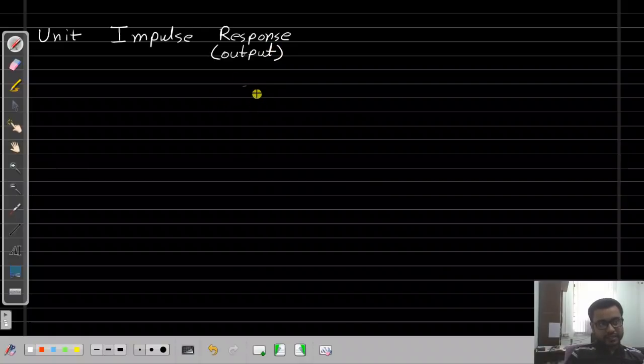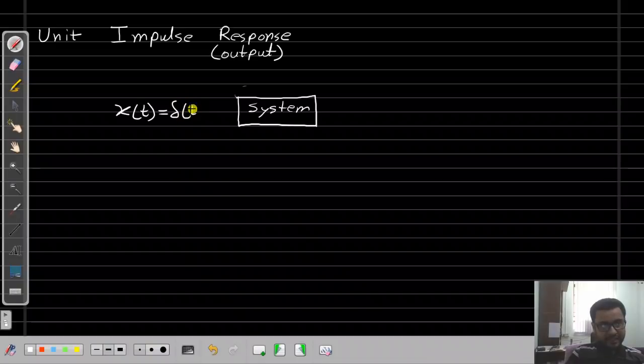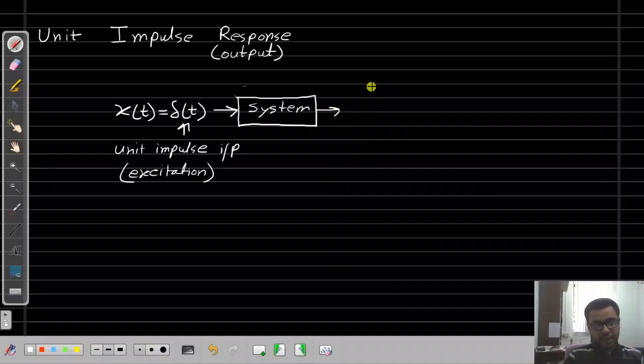So if you take a system and give an input which is a delta function, an impulse function, so apply the input which is delta(t), that is unit impulse input or excitation, then you measure the output, or observe the output or response.